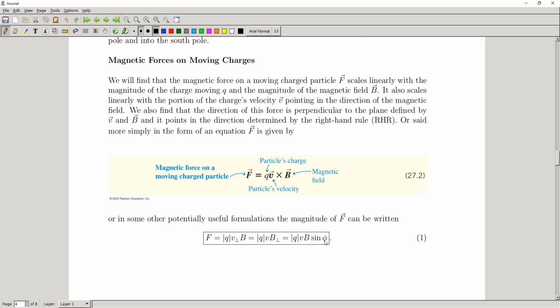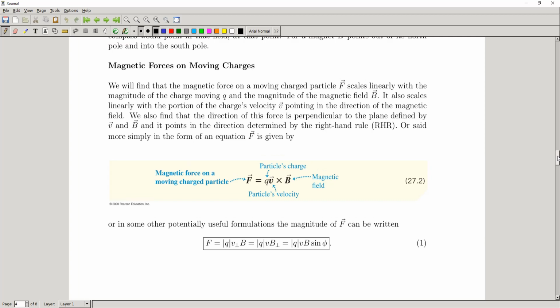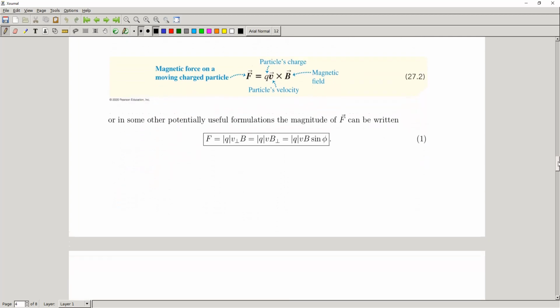And we've probably seen this before. This is just another way to write the magnitude of our cross product without getting any information about the direction, right? But we always know that our F is going to be pointing perpendicular to both V and B, right? So that's a way that you can get information about the direction of F.